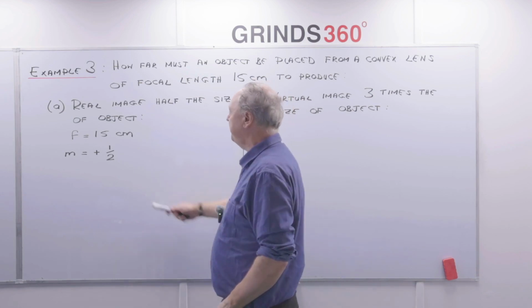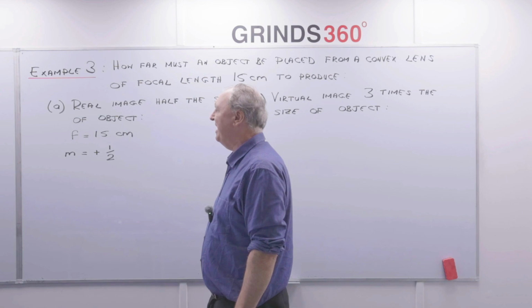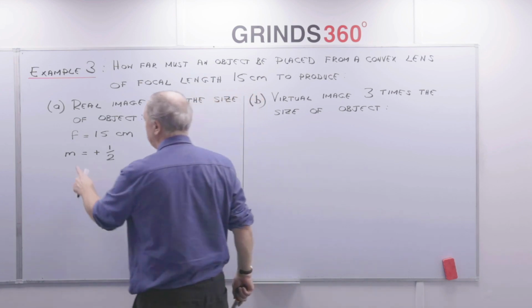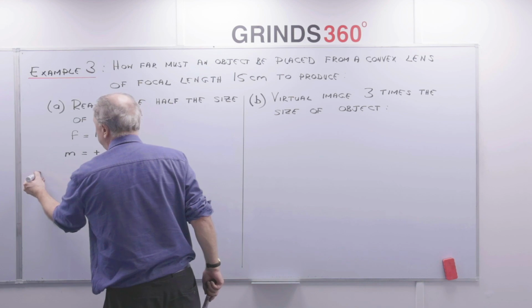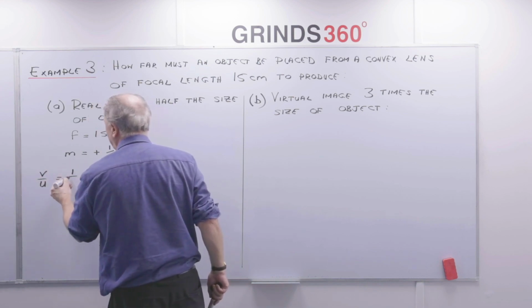Well, let me start by using the magnification formula. M is equal to V over U. So, if you like, you can replace M by V over U and put that equal to plus a half.